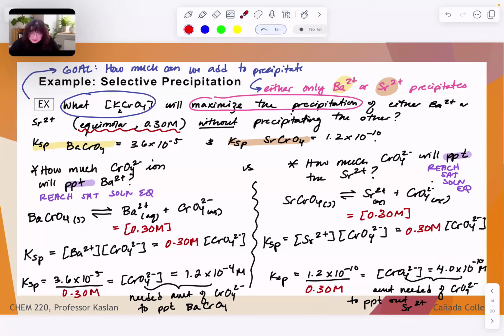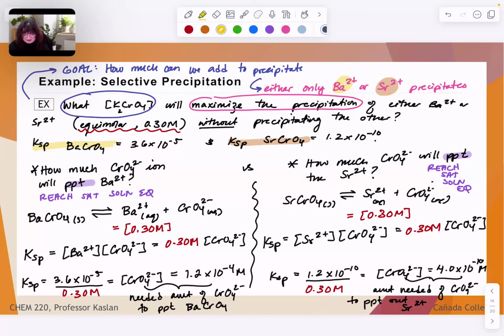Looking at which ion would precipitate out first, that is the ion that requires less of the chromate to be added, because once we add this amount of chromate, the 4.0 times 10 to the negative 10 molar concentration, to our solution containing strontium and barium, this will make us hit the saturation or solubility point of our strontium chromate solid. And so we would begin to see this precipitate out first.